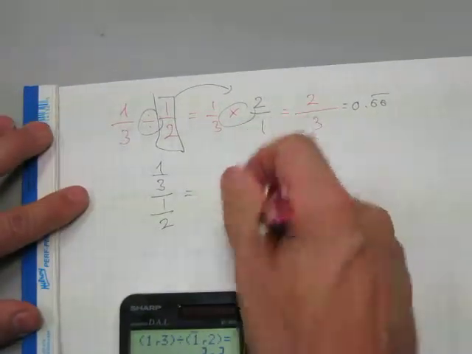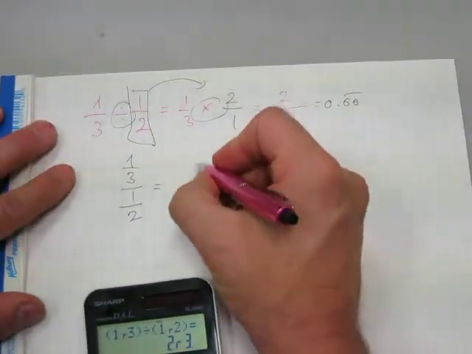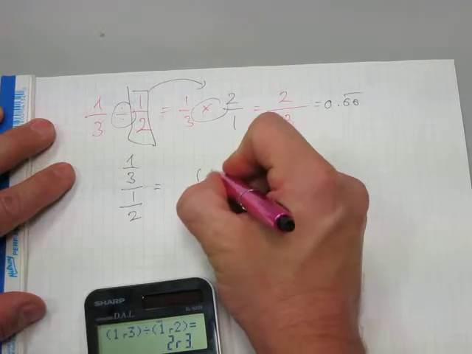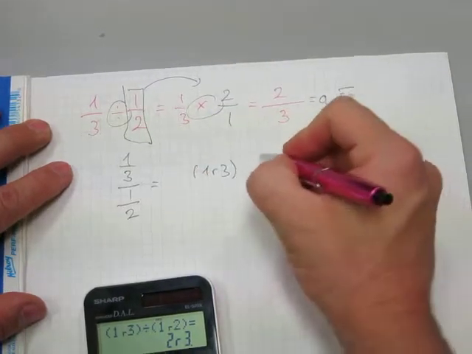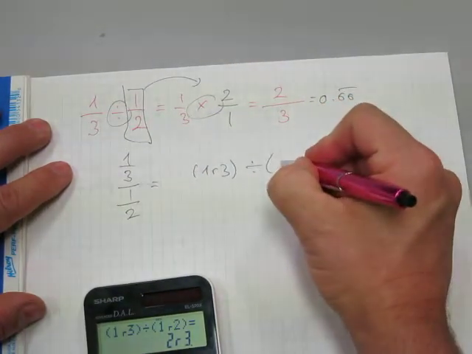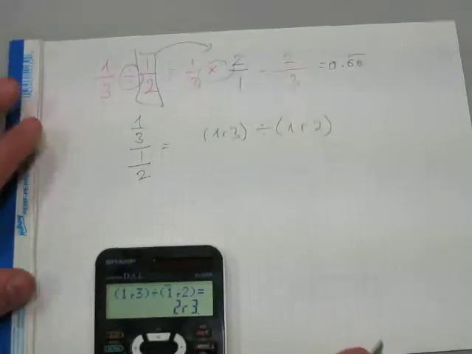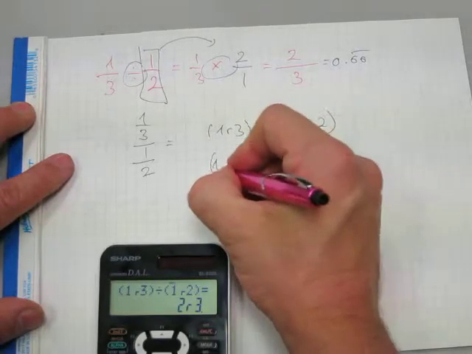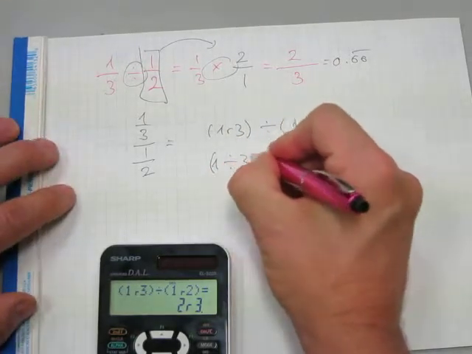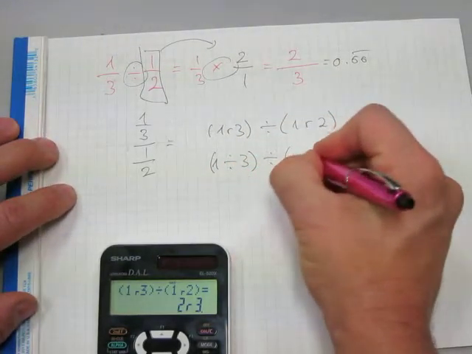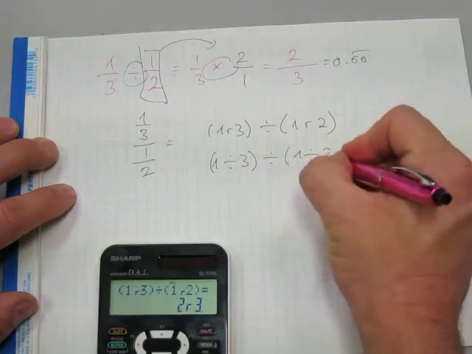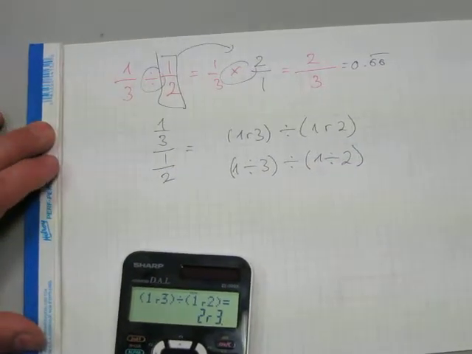So the calculator only works in two combinations. When you bracket 1/3 and then divide it by 1/2, or it works with the other buttons, 1/2. It works with that button combination as well.